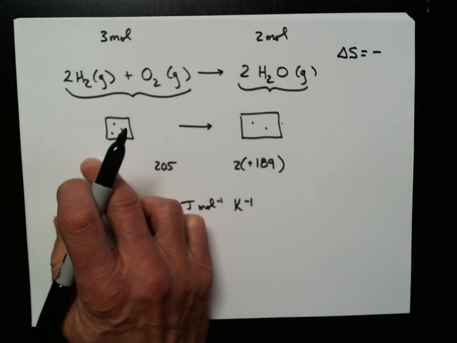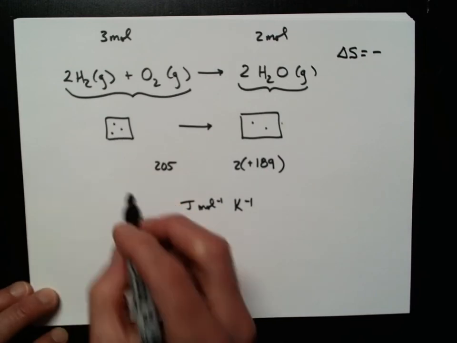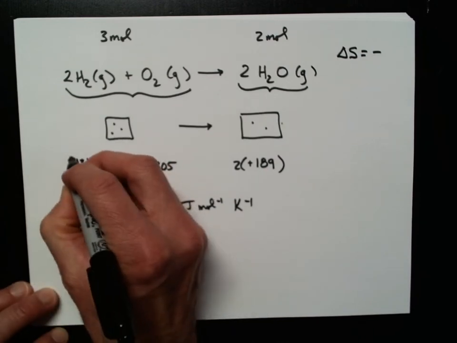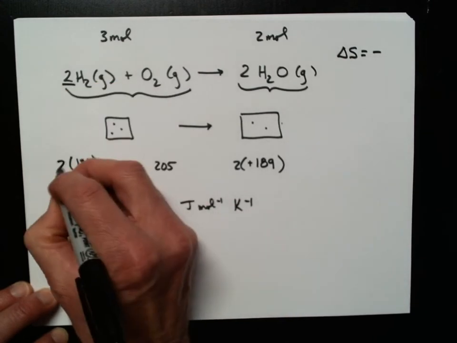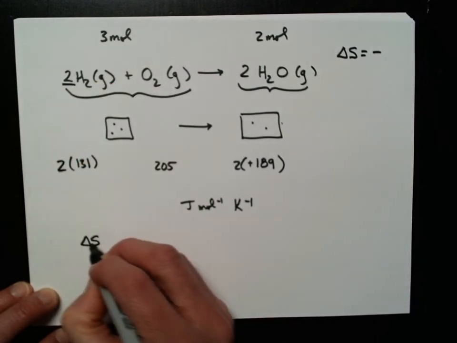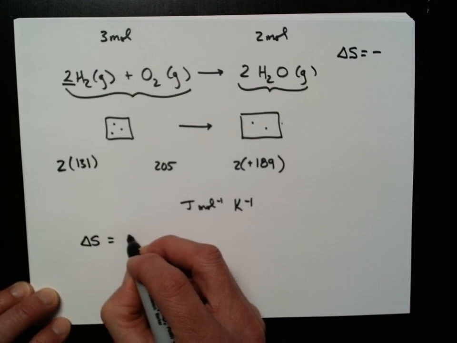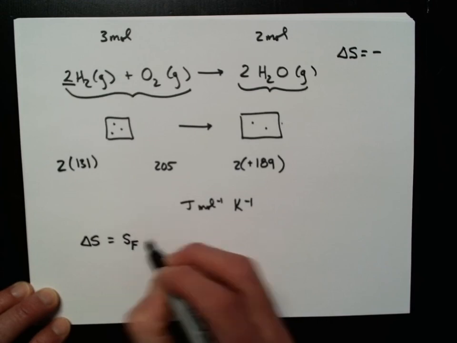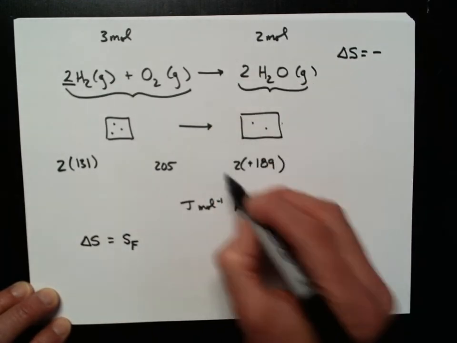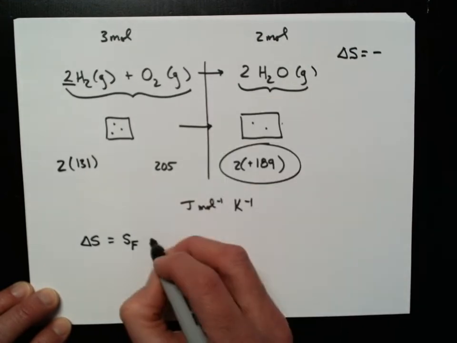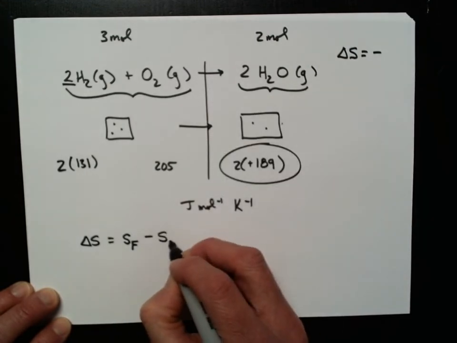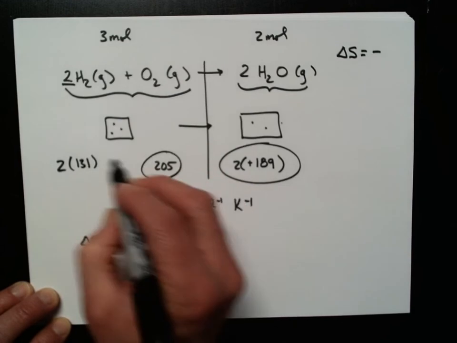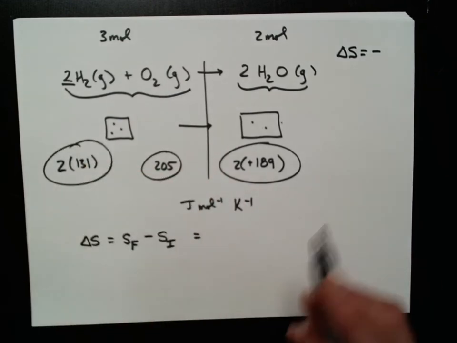And I'm going to look up hydrogen gas, and that's about 131. And there are 2 of those. And the delta S is going to be the entropy that we end up with, so that's the product, so that's all this over here, minus the entropy that we start out with, which is going to be my reactants.